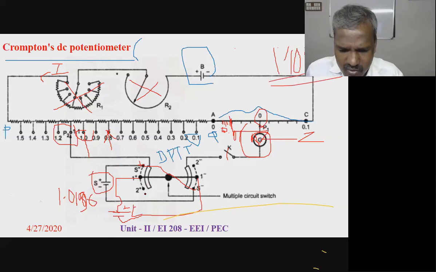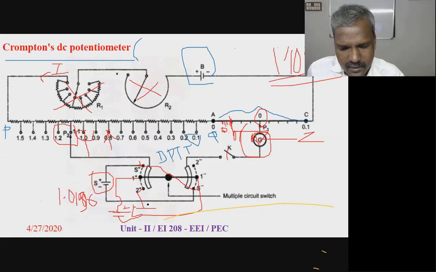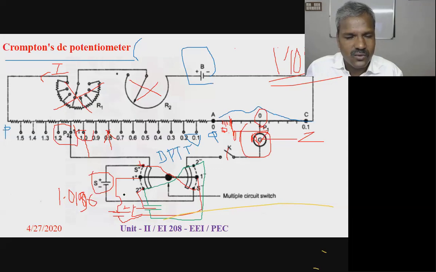Suppose I want to measure one more EMF. I connect here, better I change color. So another unknown EMF, I connect it to 2 plus and 2 minus. Now I move the switch position to this position. Now I move P2 to somewhere at 0.7.